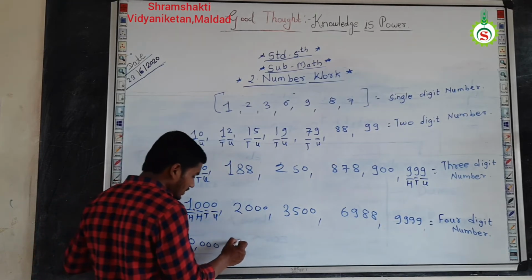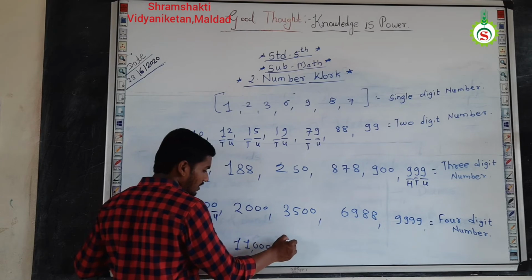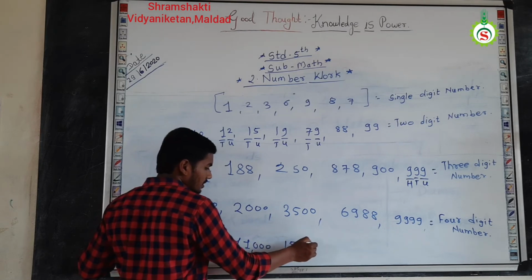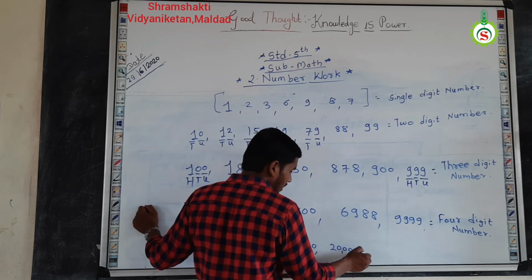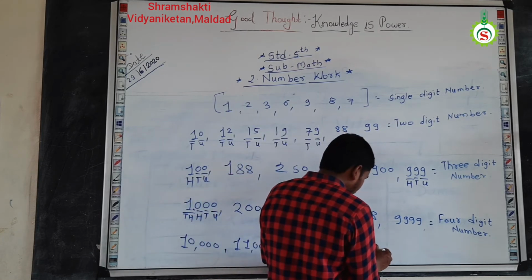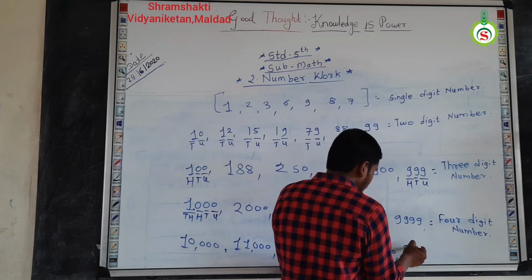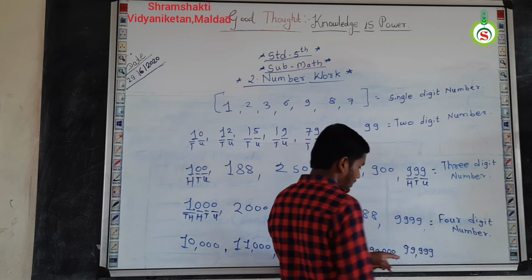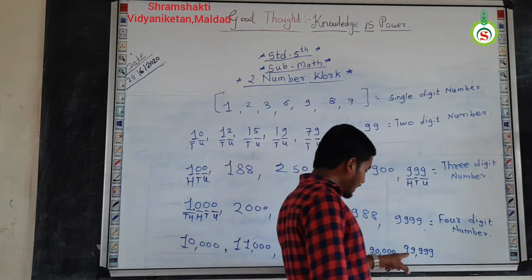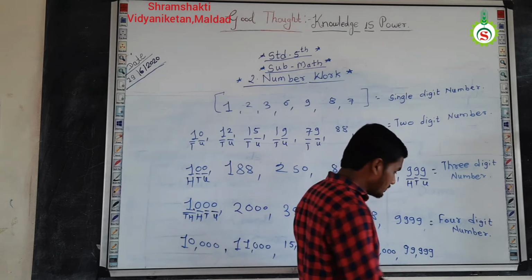After the 10,000, I will write 11,000 like that. After that 15,000. After that 20,000. Or I will write 90,000 or 90,999 like that. And after that 99,999, which number will come?